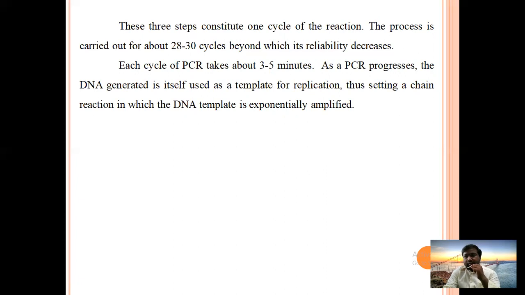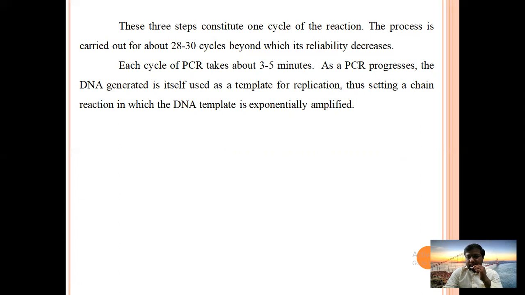As PCR progresses, the DNA generated is itself used as a template for replication, thus setting a chain reaction in which the DNA template is exponentially amplified. So one cycle constitutes denaturation, annealing, and extension. In one cycle, from one copy, two copies are formed.